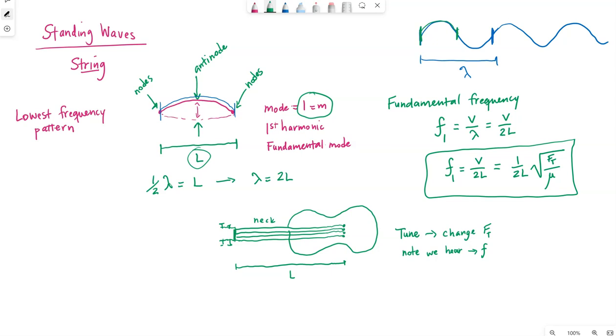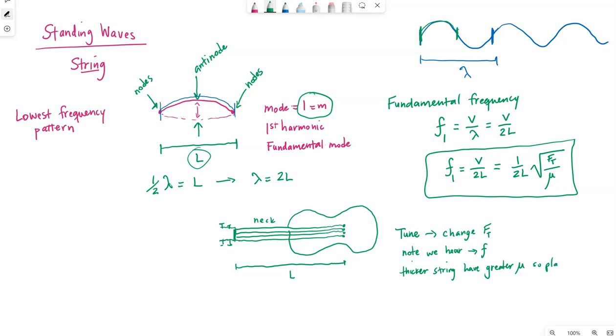Each string has different thicknesses, which means they each have different linear mass densities. And so thicker strings have a larger linear mass density. So thicker strings have greater mu.